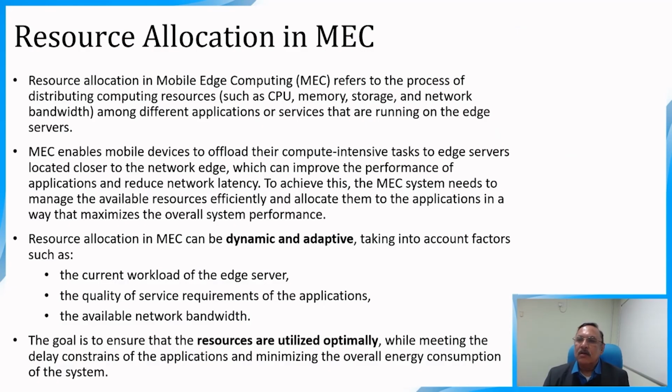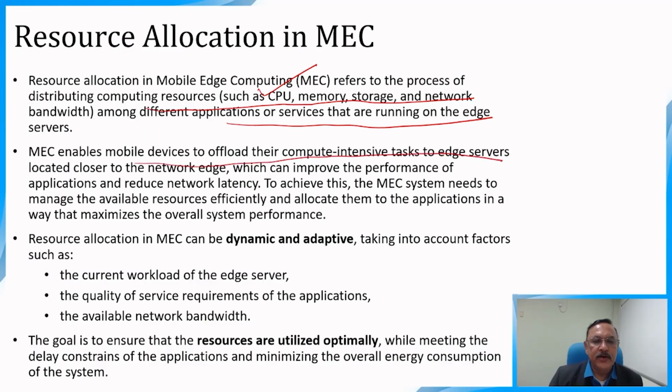Now, coming to resource allocation in MEC. Resource allocation in multi-access edge computing refers to the process of distributing computing resources such as CPU, memory and storage among different application services running on the edge. MEC enables mobile devices to offload their compute-intensive tasks to the edge server located closer to them, which can improve performance.